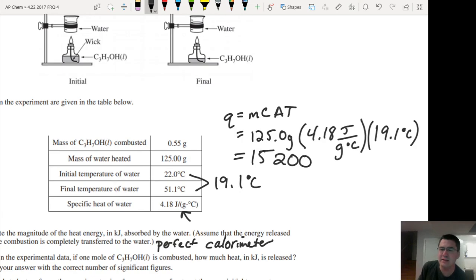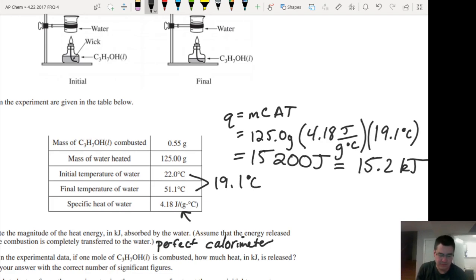What's the units of heat? Joules, yep. So you could write your answer like that, and preferably when we deal with enthalpies and heat, it's a good idea to be able to quickly convert to kilojoules. So I'm at 15.2 kilojoules.